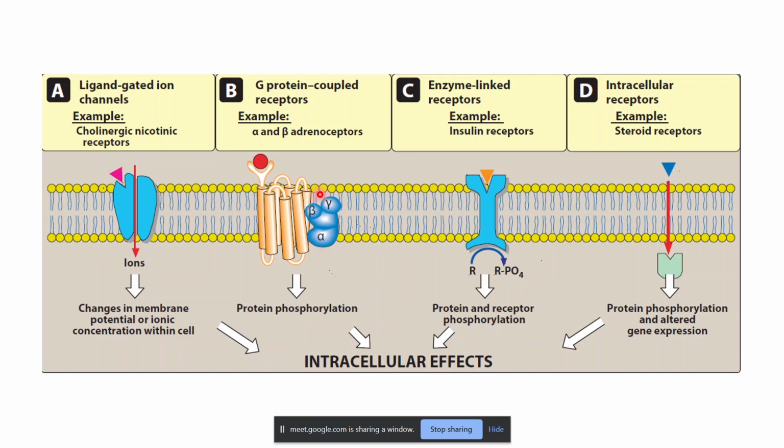There may be different kinds of G proteins. Some of them are inhibiting, some of them are stimulating, but they are composed of three protein subunits, alpha, beta, and gamma. The alpha subunit binds to guanosine triphosphate, and the beta and gamma subunits bind in the cell membrane.